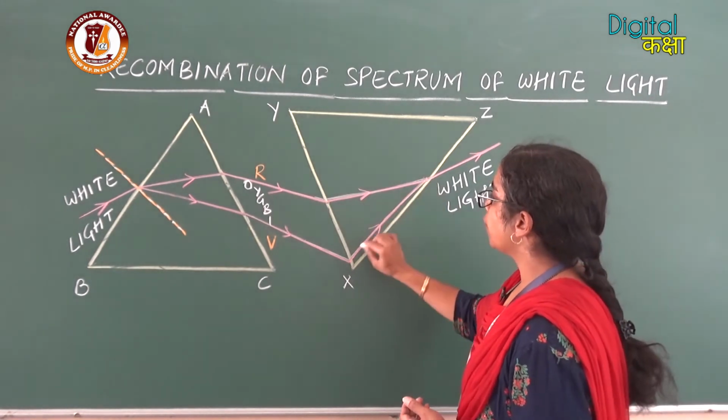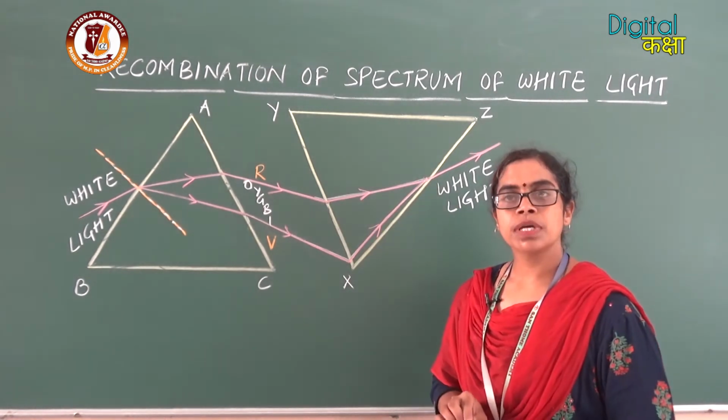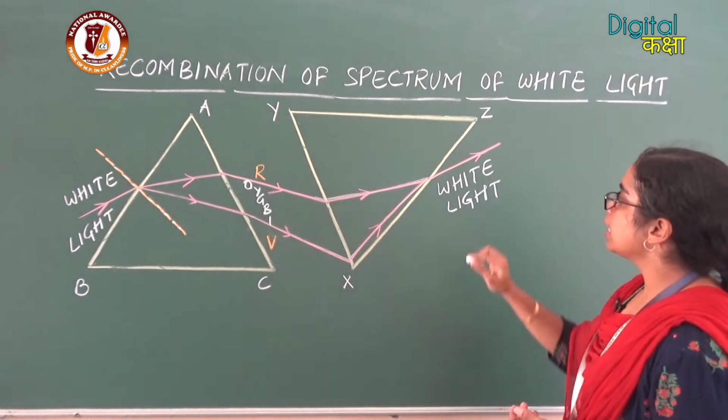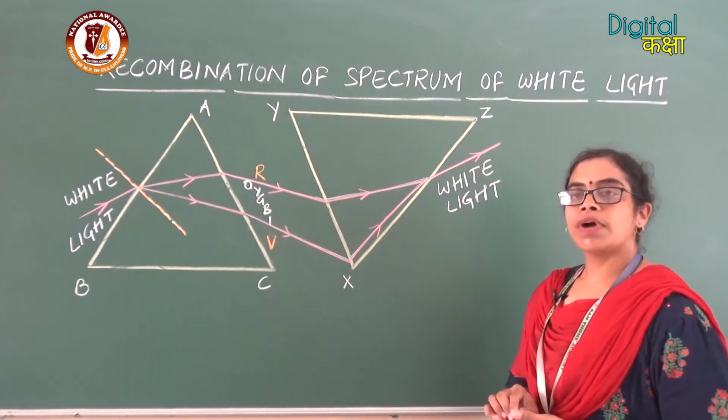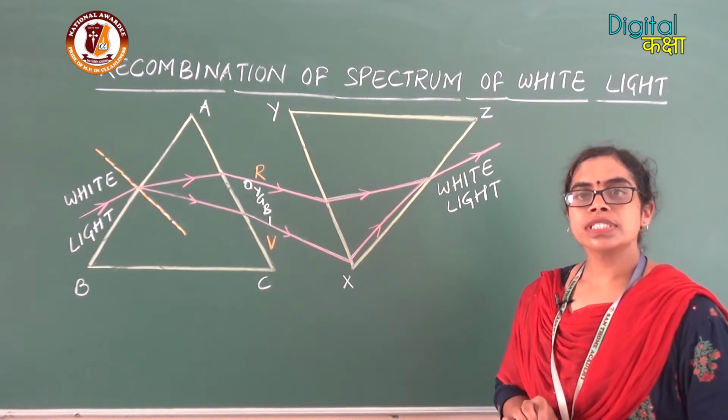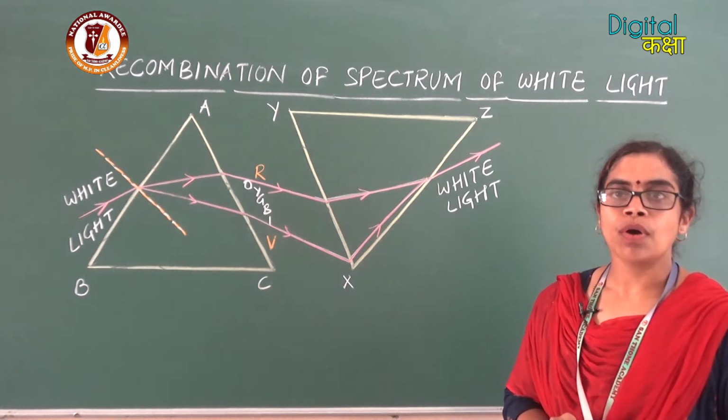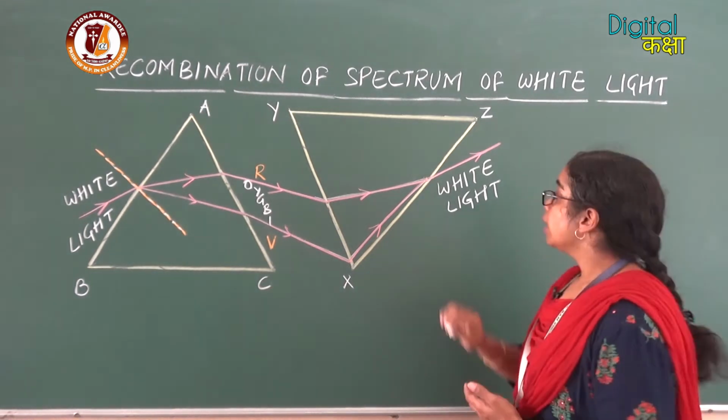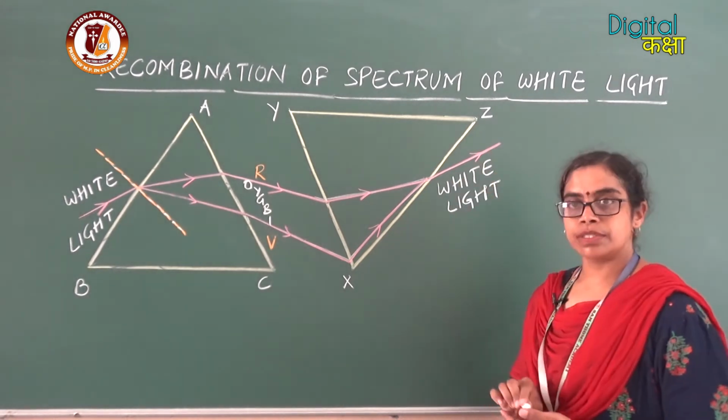These are getting refracted inside the prism, and as you can see in the diagram, the final light obtained as emergent light is white light.